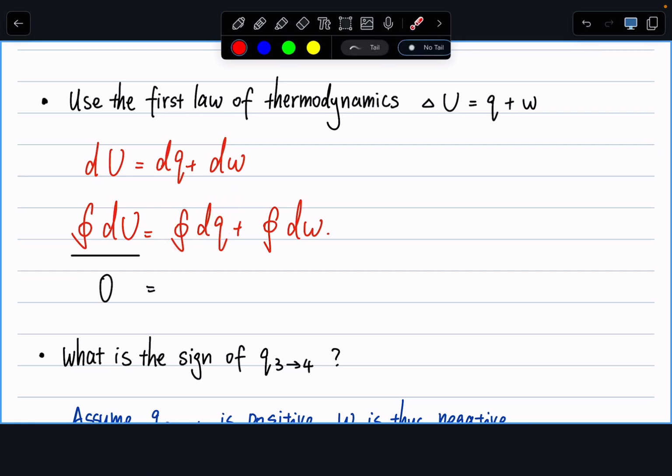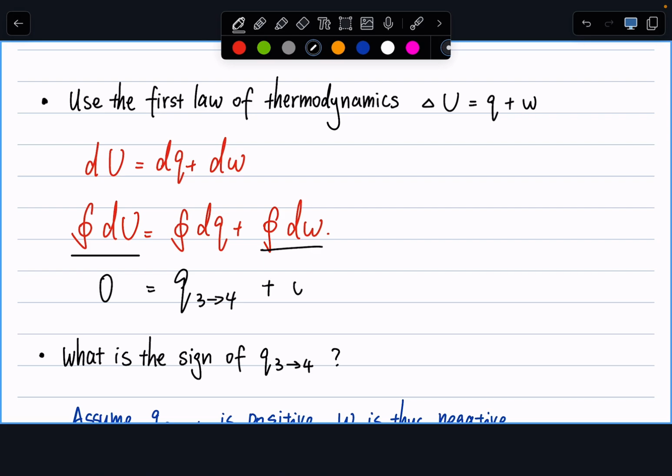What about my dQ? We're talking about the overall heat transfer of my entire cycle, reversible or not, we don't care. Now in here, this is adiabatic, this is adiabatic, this is also adiabatic, although it's irreversible. So my overall heat transfer of my cycle equals Q 3 to 4.